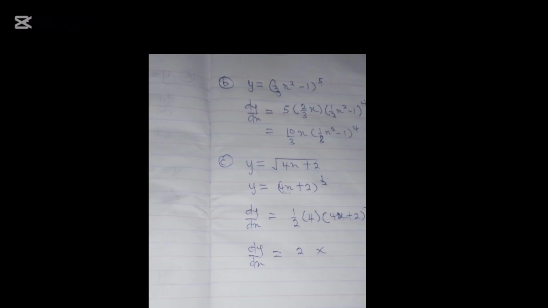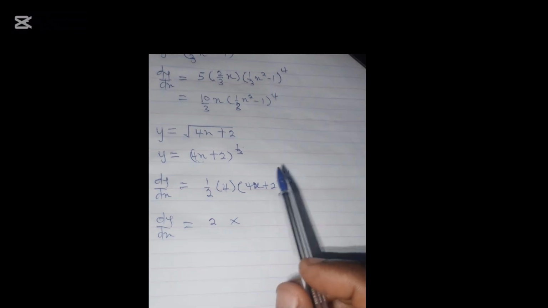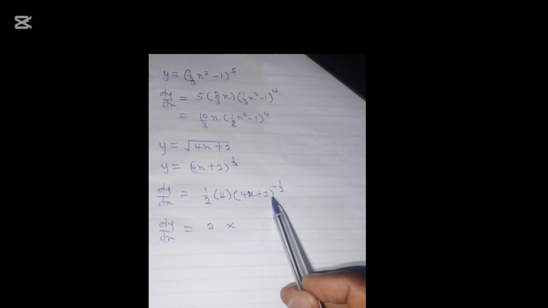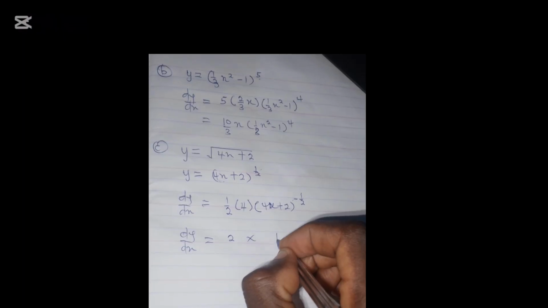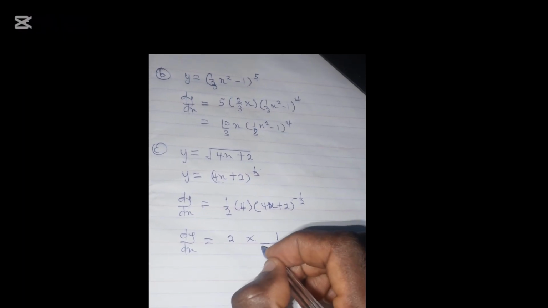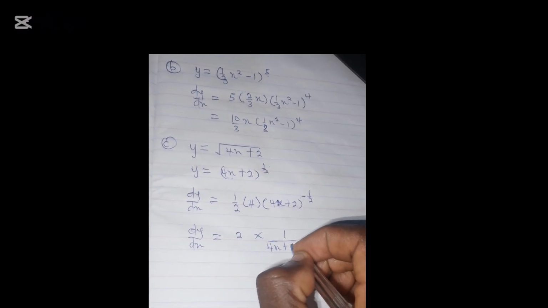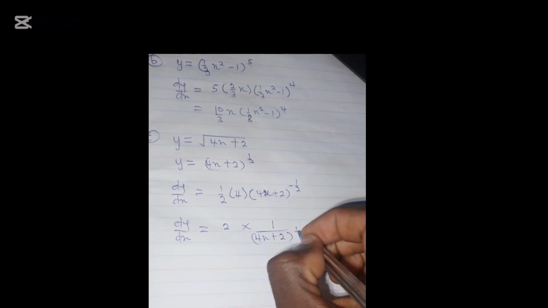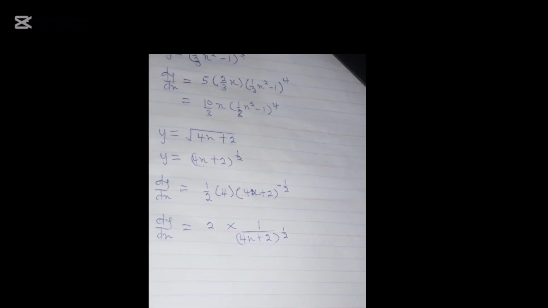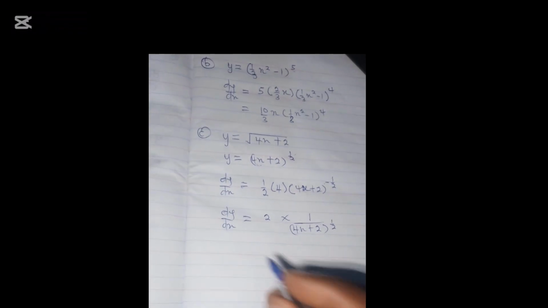So don't leave your answer raised to the power negative half. So what I have there, 4x plus 2 all raised to the power negative half, is going to be 1 over 4x plus 2 all raised to the power positive half. Remember the laws of indices that we've talked about.